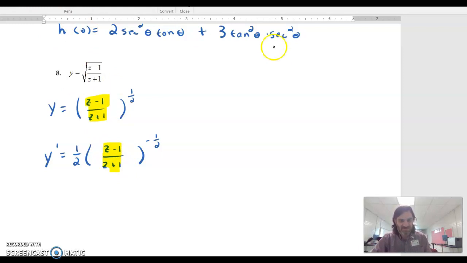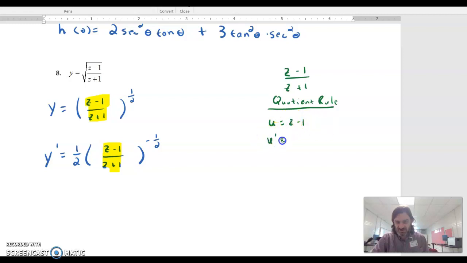But let's come over, and because with the z minus 1 over z plus 1, you should realize that is a quotient rule. And in that case, the u is z minus 1, that's the numerator. The derivative of that is just 1, so u prime is just 1.